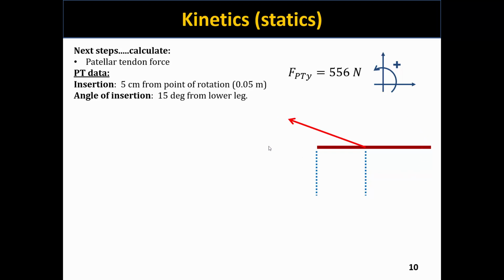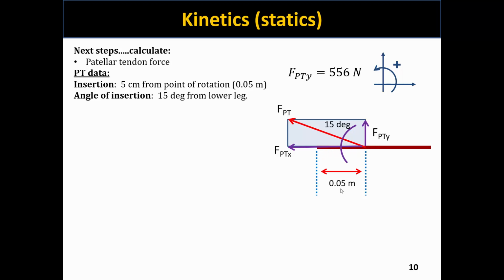So on the right hand side, this is an expanded view of the proximal part of our free body diagram. It's not the entire free body diagram, but just that part that has the patellar tendon force. And that is angled at 15 degrees, and resolving this into x and y components as we had done before, we have the y component and we have the x component, and the distance from the joint to the y component is 0.05 meters.